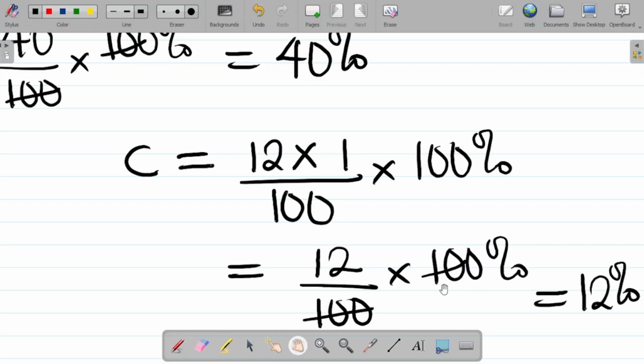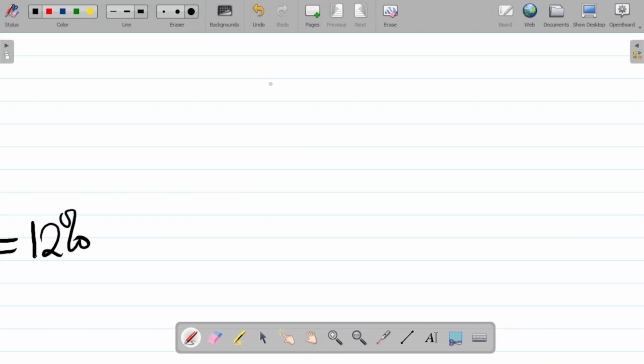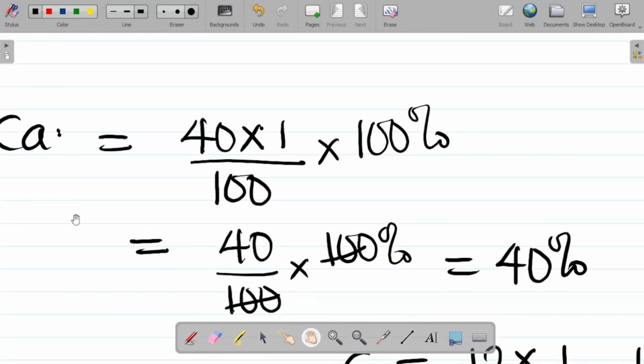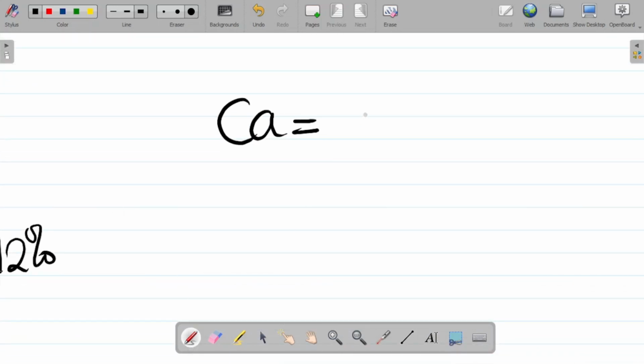If you try to combine the percentage of each of the elements, let's see. For calcium, Ca, from our calculation, calcium is about 40%. That becomes 40% of the compound is made of calcium.